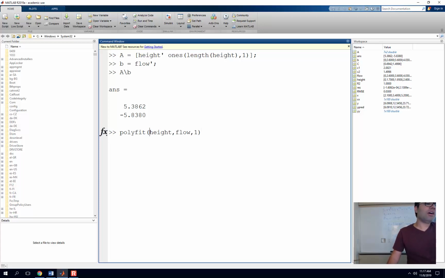Polynomial fit of x comma y comma 1. Polynomial of order 1. That gives me the first, so C1 and C2. Polyfit when you are dealing with polynomials.